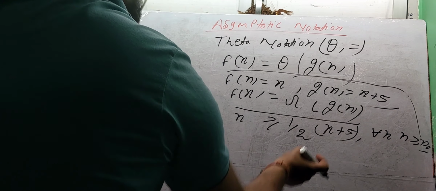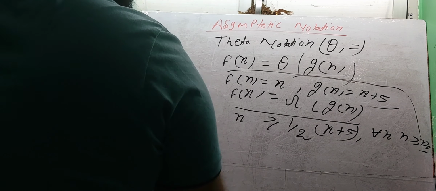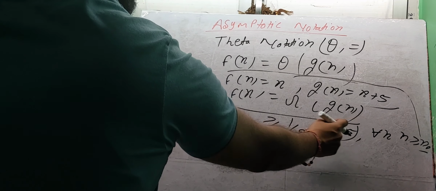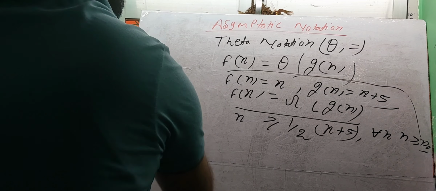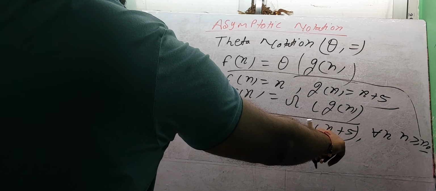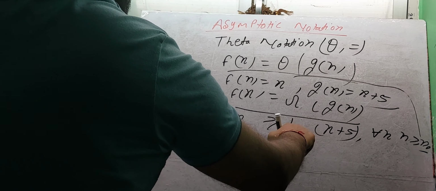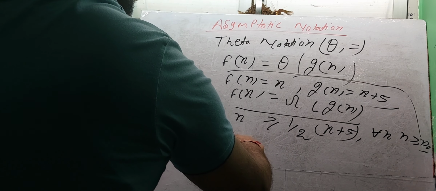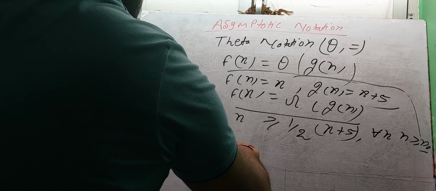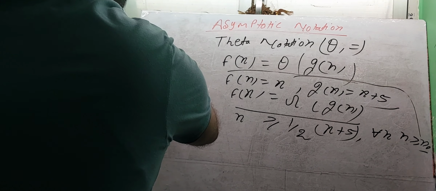Now take example n equal to 1. For n equal to 1, n plus 5 is 6, 6 by 2 equal to 3. Left hand side is less than right hand side, so 1 is not possible.